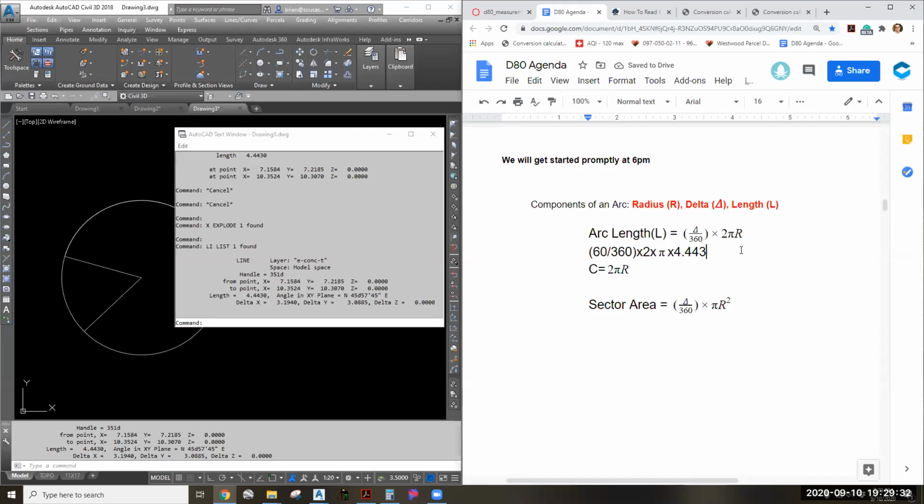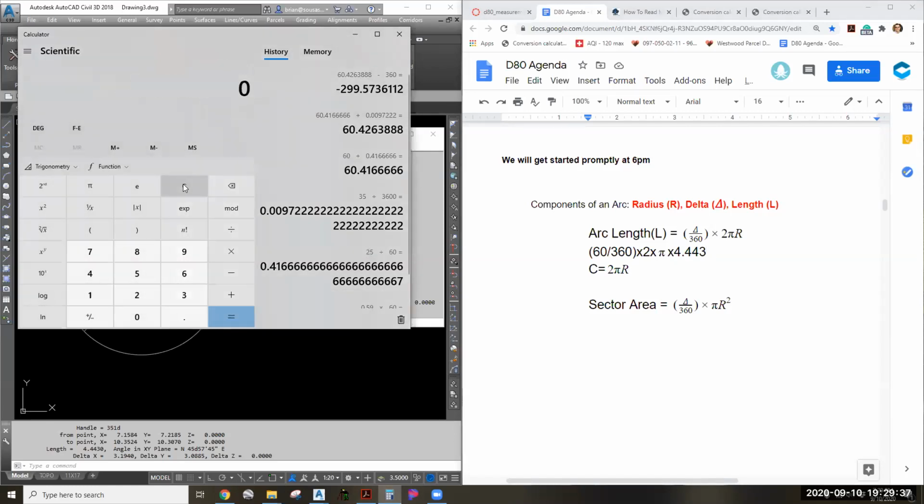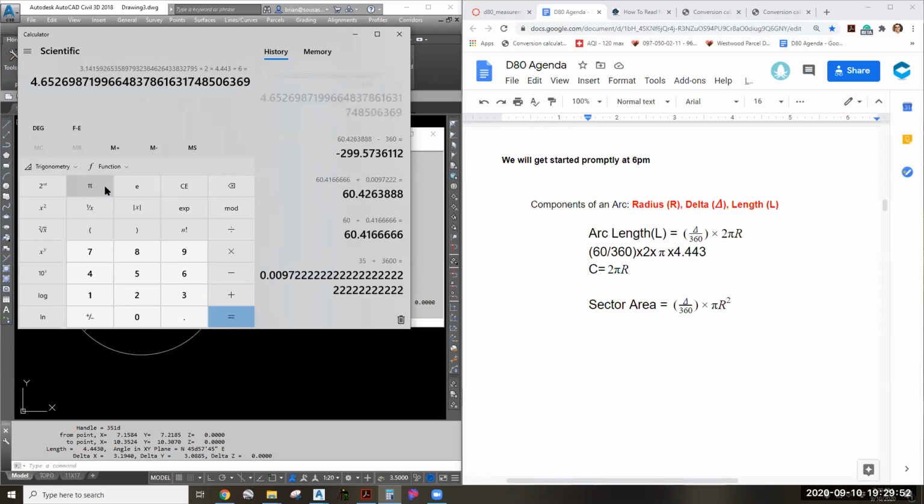So I multiply all that together. Pi times 2 times 4.443 divided by 6 is 4.665 feet.